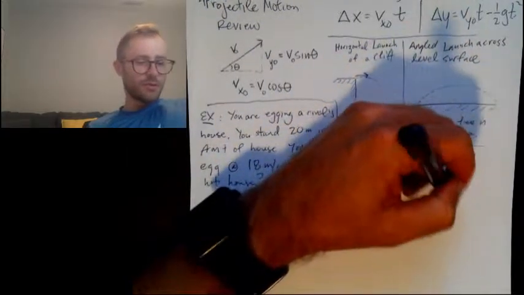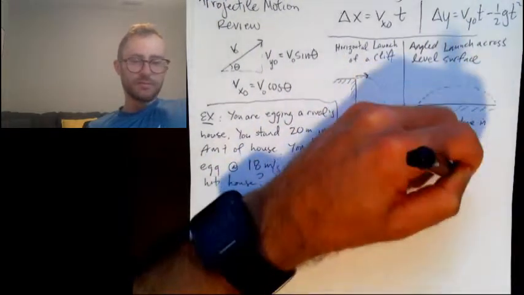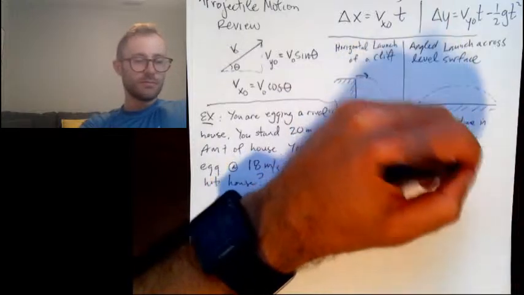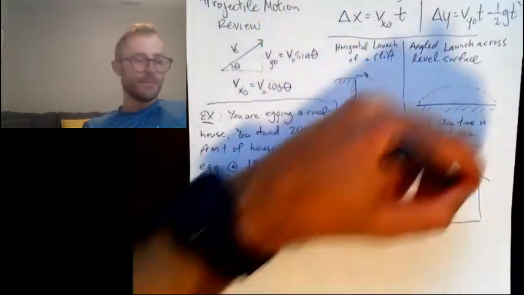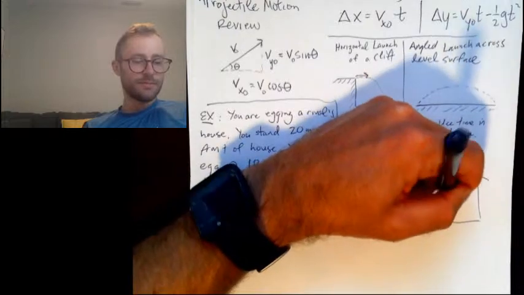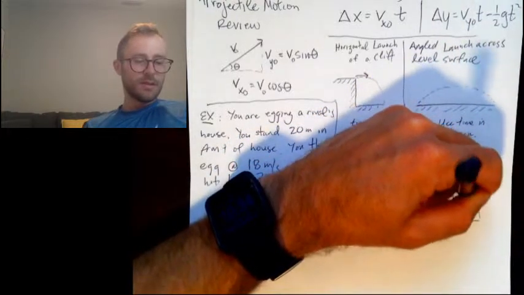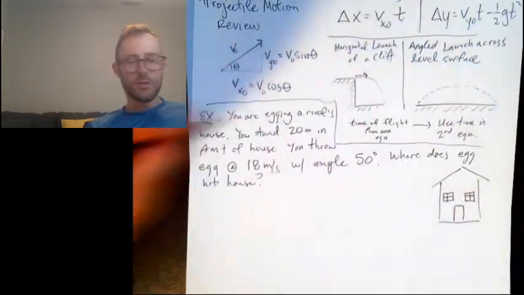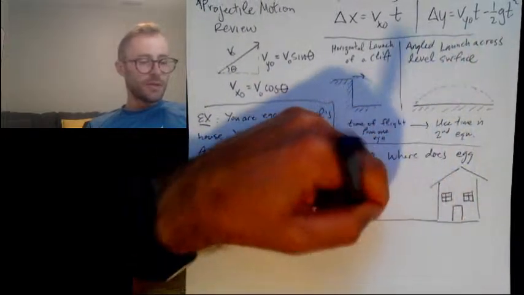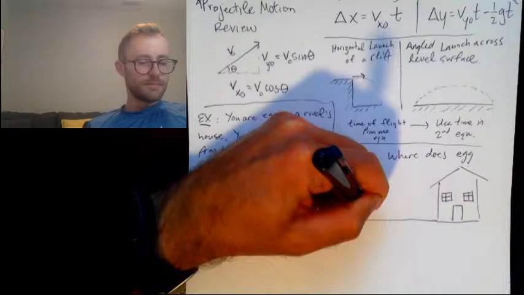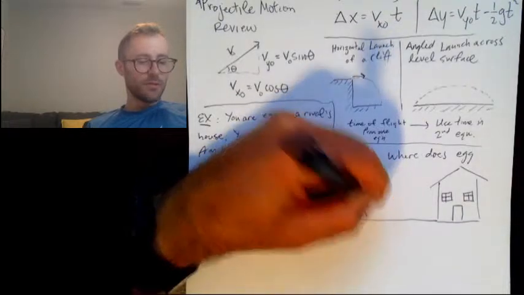So let's draw a picture of what this looks like. We've got our house. It's got some windows. It's got a door. Okay, so here's your rival's house. And here's you. You throw the egg.